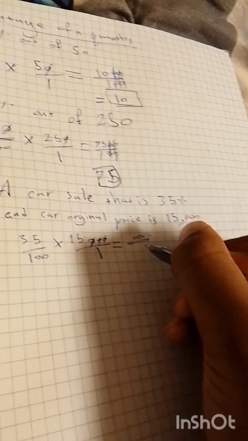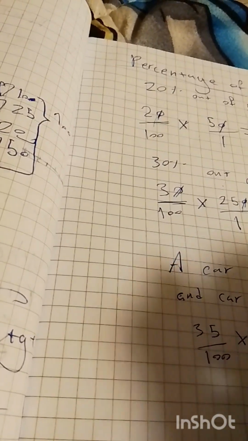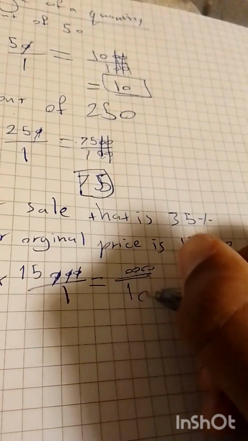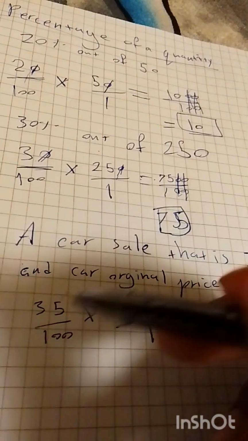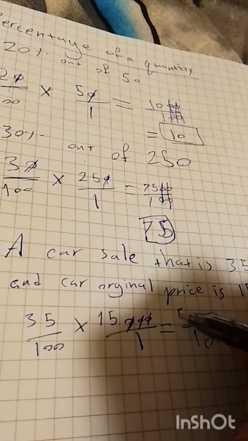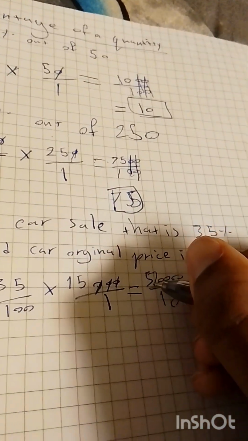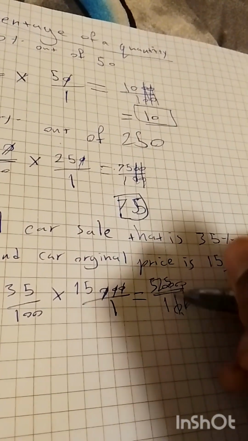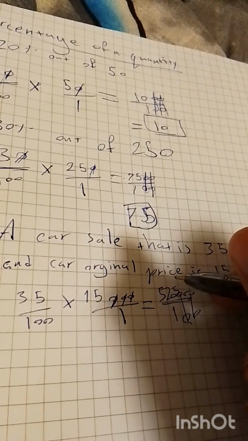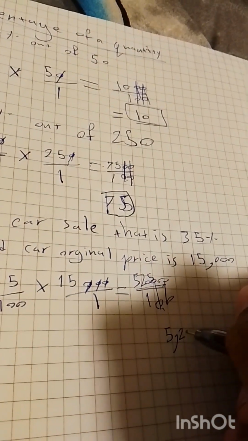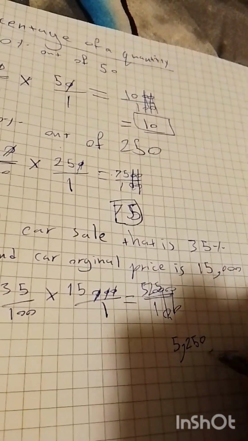I'm going to add them to the final answer. So 100 times 1 equals 100, and now 35 times 15 equals 525. So we'll slash out these zeros, and now the answer is 5,250.